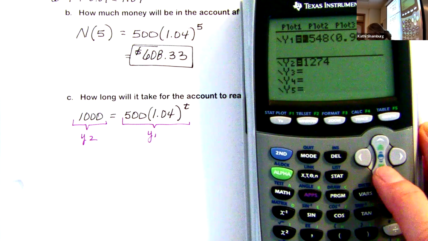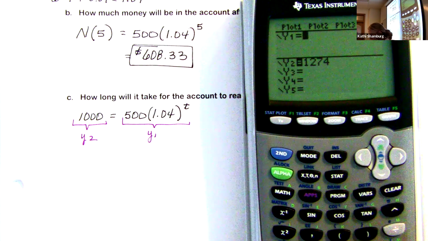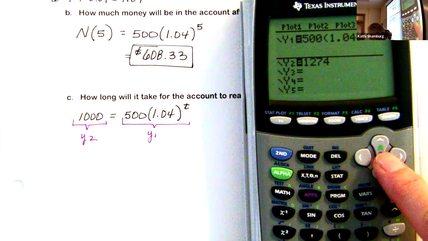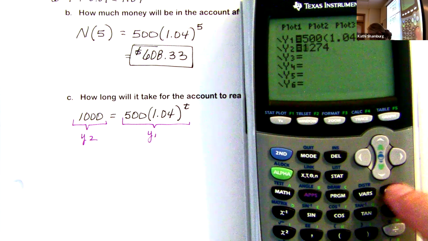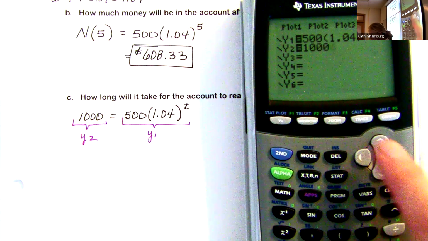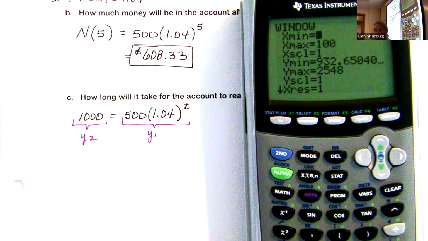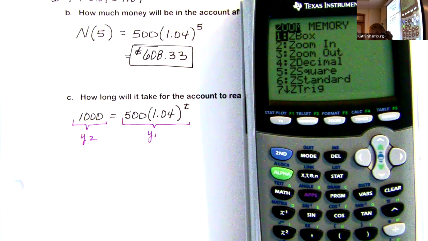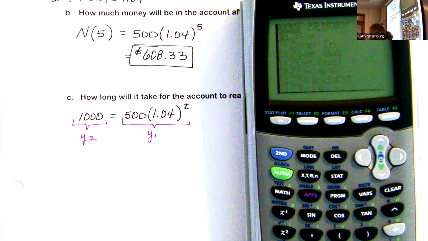All right, so I'm gonna clear these out. Raised to the x. Now I'm gonna hit window, I'm gonna leave it alone, and then go to zoom 0, and if that isn't helpful, then I'll adjust it. All right, there's one.